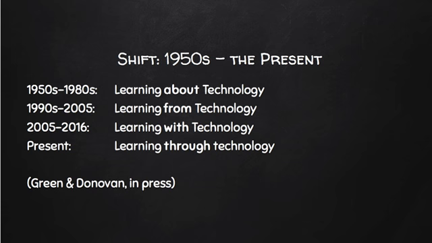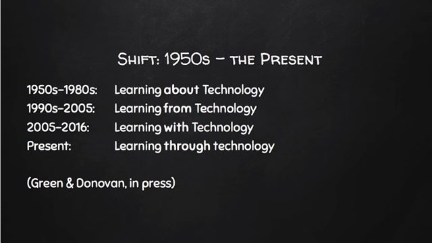Well, we happen to see what we believe is another shift taking place, and we call that learning through technology. And it's a slight difference from learning with technology, but the idea is learning through technology. Technology now is not just a tool that's isolated, that when we need to use it, it's there. But think about what you're doing.